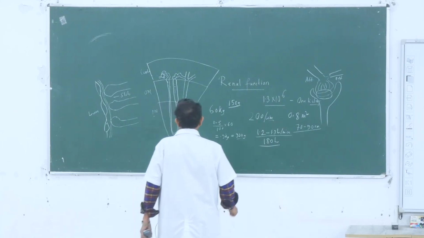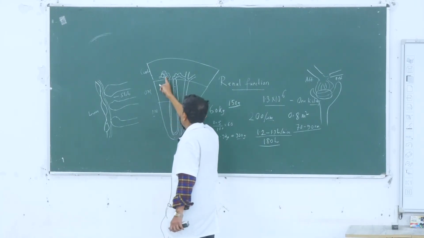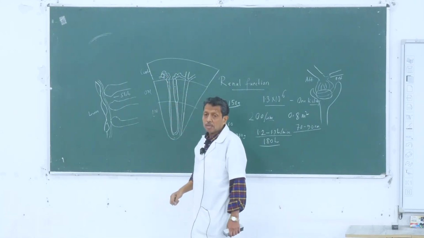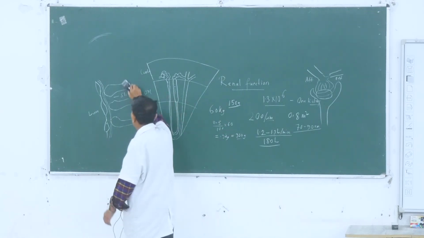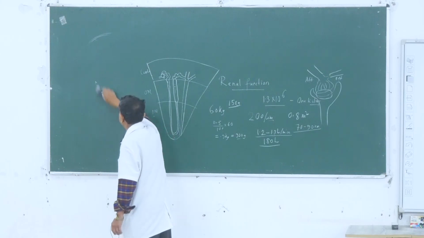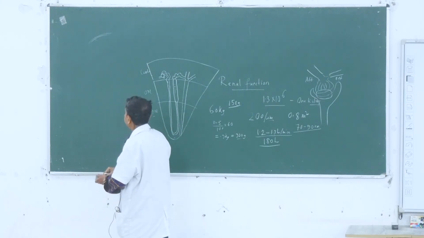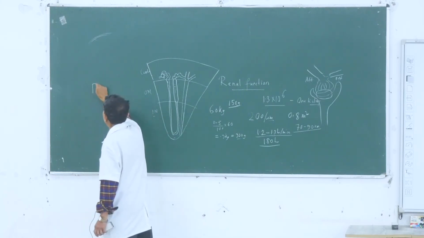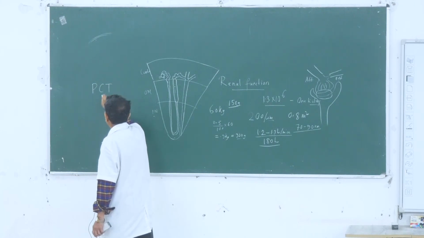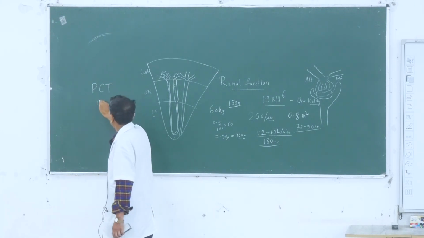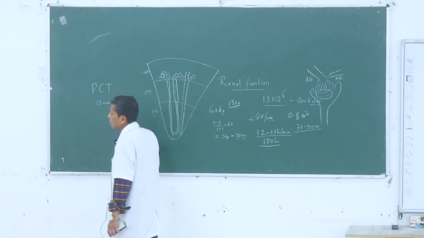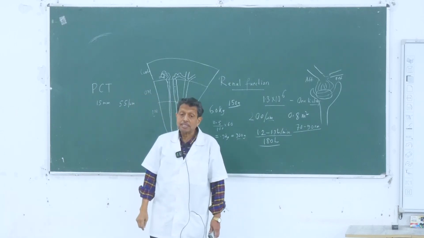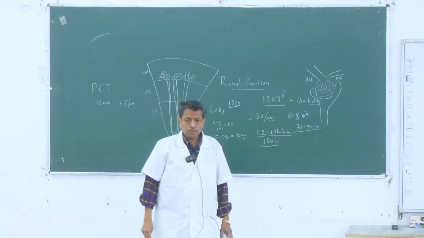Now consider the different parts. Proximal convoluted tubule, PCT, 15 millimeter, is the principal site of reabsorption.